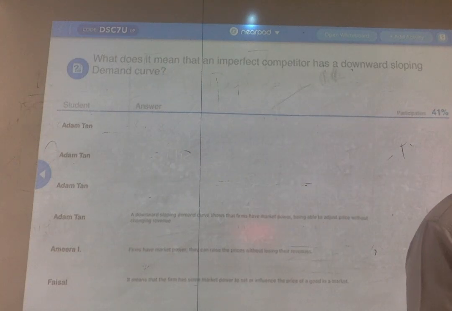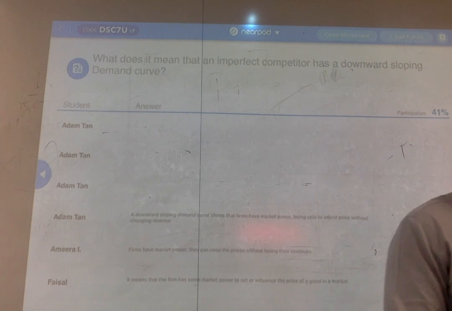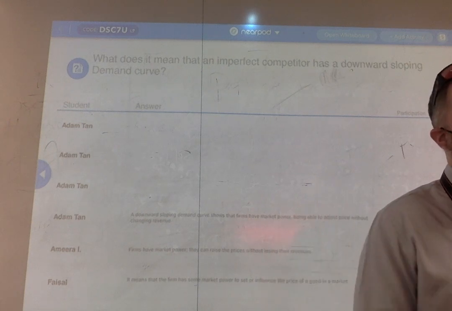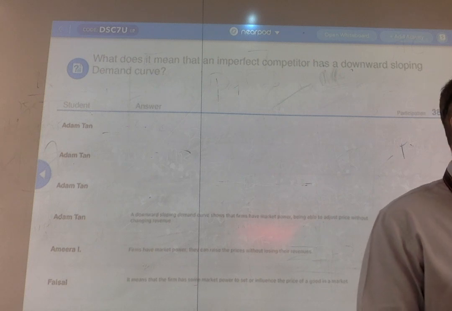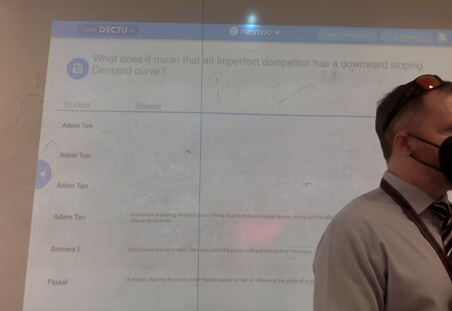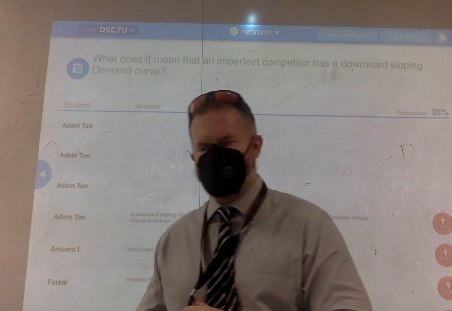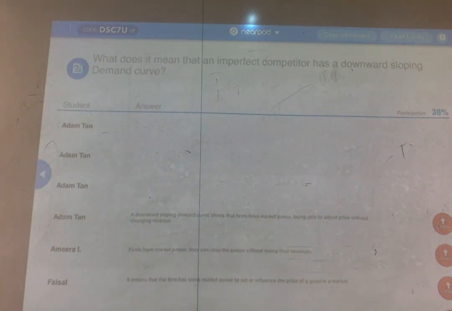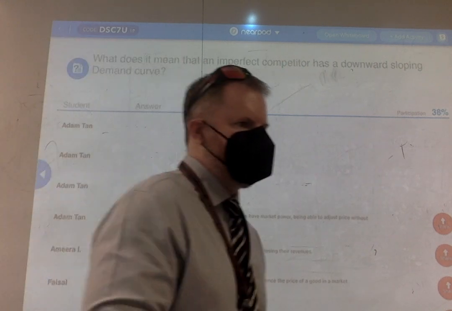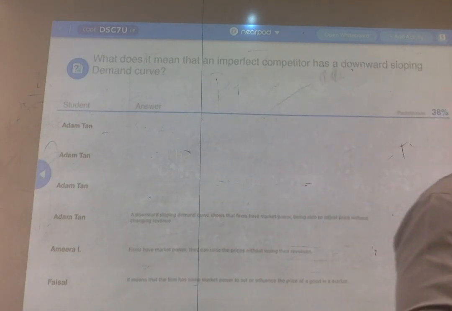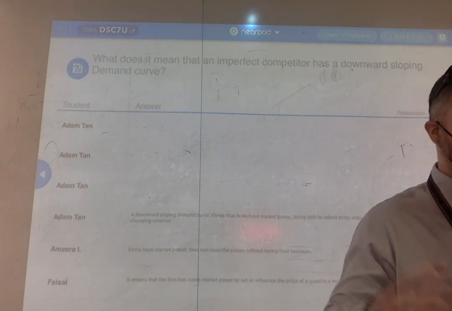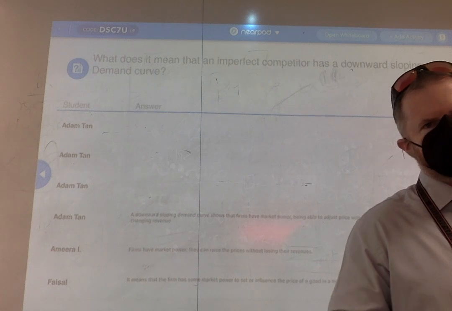Last we left off, we talked about what it means for an imperfect competitor to have a downward sloping demand curve. One of the key things we remember all the way back to when we learned about demand was that a downwardly sloping demand curve told us that the only way we could see an increase in quantity would be if the price was to decrease, because it was following the law of demand.